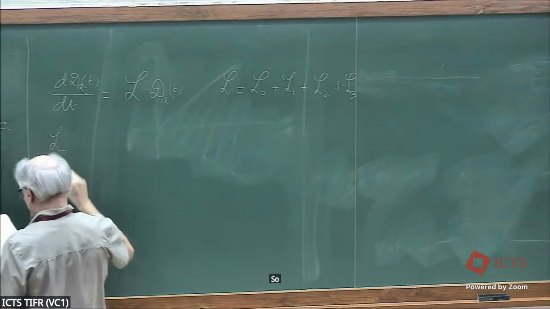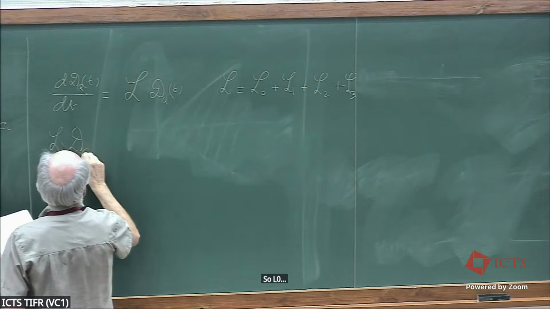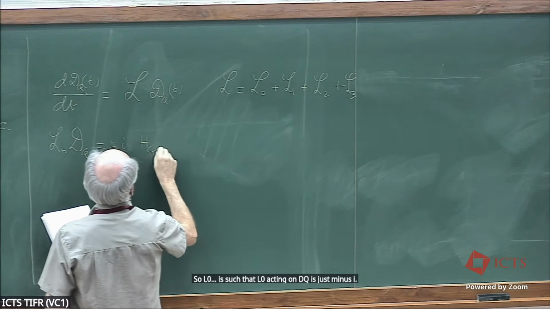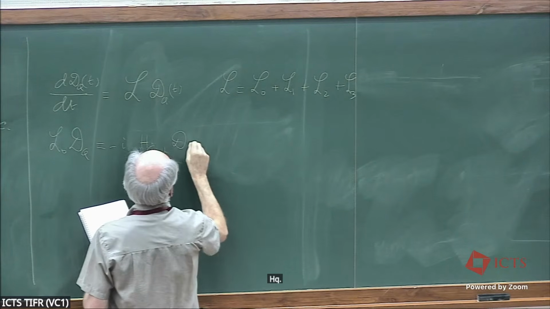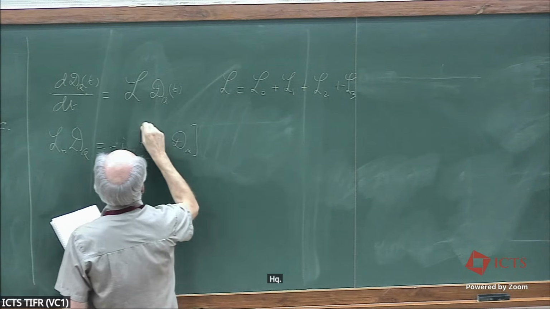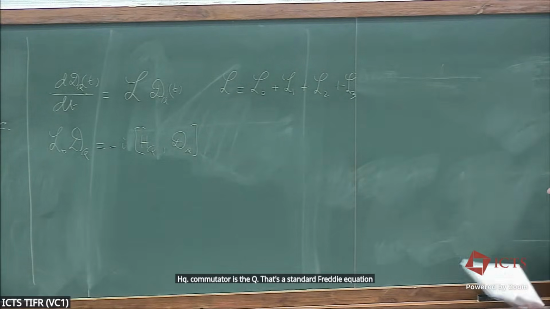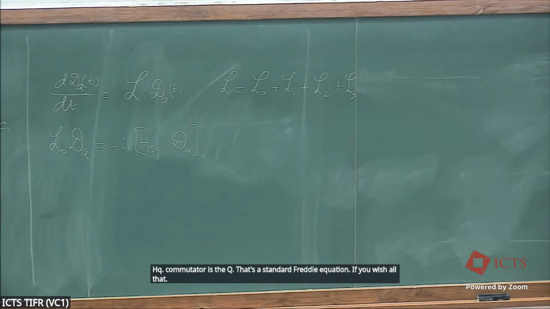L0 is such that L0 acting on D_Q is just minus i times the commutator of H_Q with D_Q. That's a standard Schrödinger equation, or von Neumann equation for the density matrix.